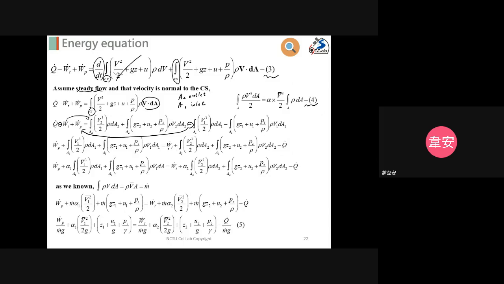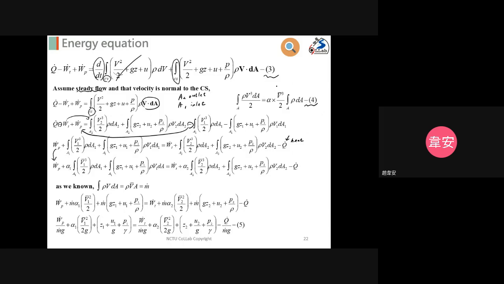And on the right-hand side we have the turbine work rate and also the velocity items, and another is the elevations, the internal energies, and the pressure work. And we just move the Q to the right-hand side, because this is usually used as the heat dissipation, so we use the minus here. Okay, so right now, starting from these equations, we move to the next.